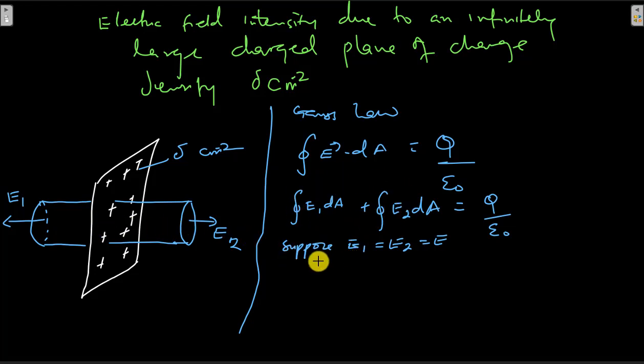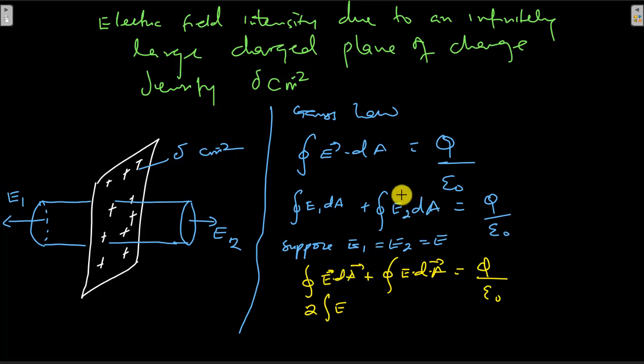So if we add up all this, we'll have the integral over the closed surface of E dA plus the integral over the closed surface of E dA equals the charge enclosed in this Gaussian surface divided by epsilon naught. So this is going to be twice the integral of E, this must have been a vector dA.